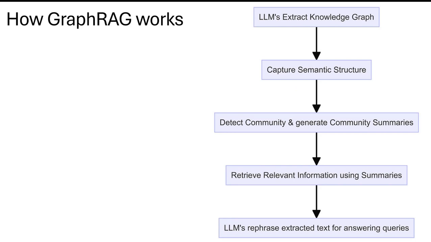If you ask a question, like a sample question, tell me who Kevin Scott is and what all genres he has talked about in his podcast, it will do a query in the knowledge graph. Kevin Scott is one large entity in this entire transcript or knowledge graph, and then it will check all the relations he has for different topics.